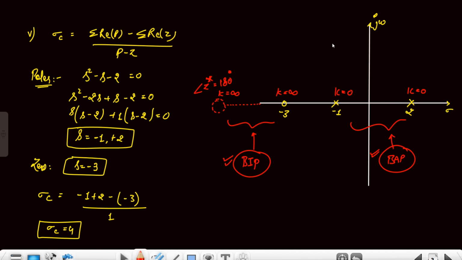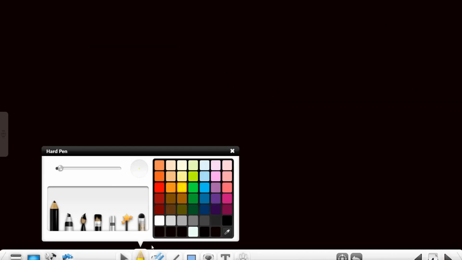One branch will go like this following a circular path and merge into this zero, and the other branch will merge into this virtual zero. So this is how the root locus will look. First of all, let's calculate the value of this breakaway point and break-in point. The procedure for that is breakpoint.